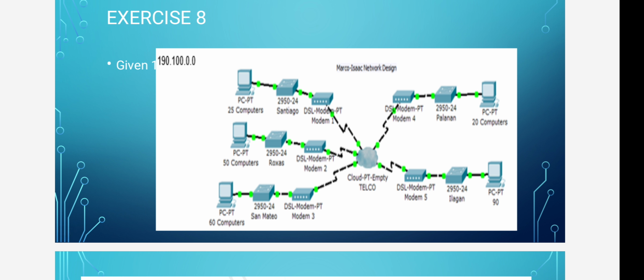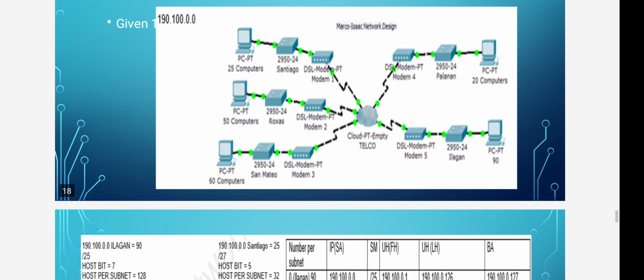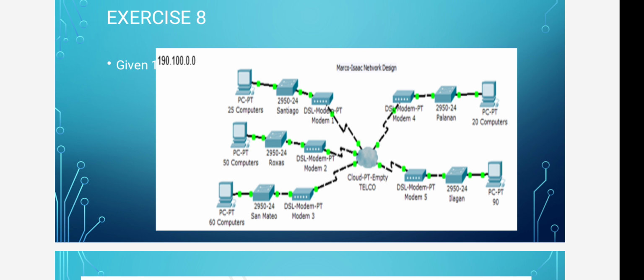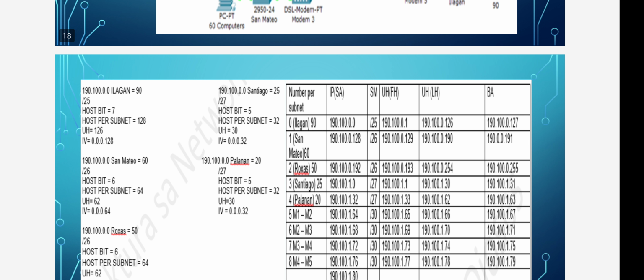Given 1, this is the diagram. Ang IP natin is 190.100.0.0. Ilagan, only have 90. Ang pinakamalapit na host units doon is 128 per subnet, kaya yun ang kinuha nating una.